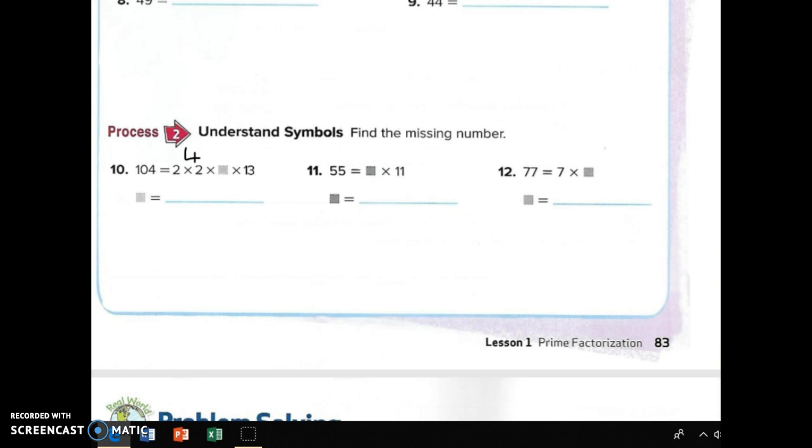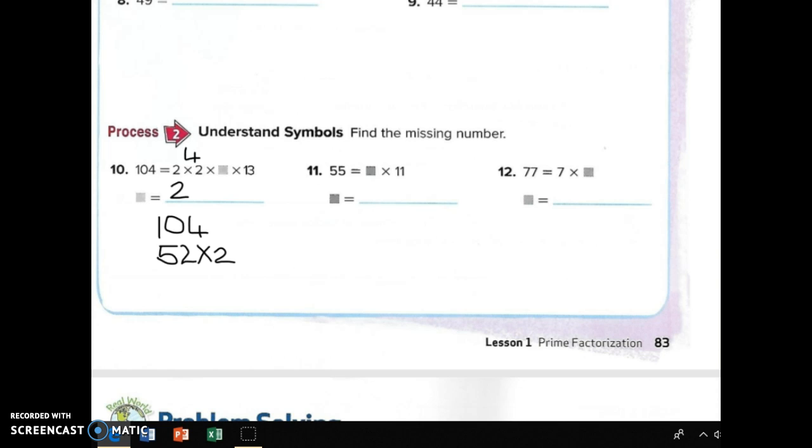Because 4 times 10 is 40. We need to go another 3. 44, 48, 52. Now all we need to do is to find out 52 times what equals 104. 52 times 2 equals 104. So the missing number is 2.